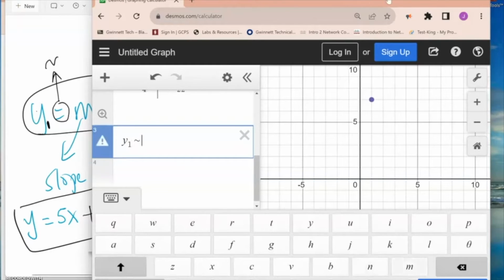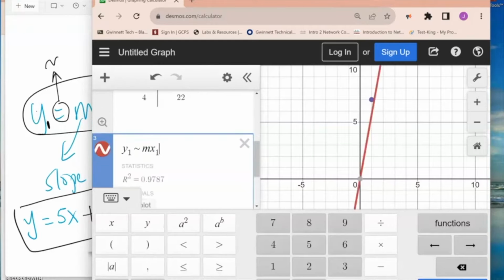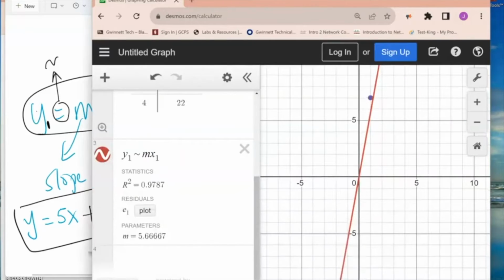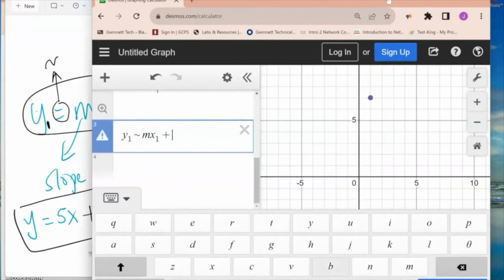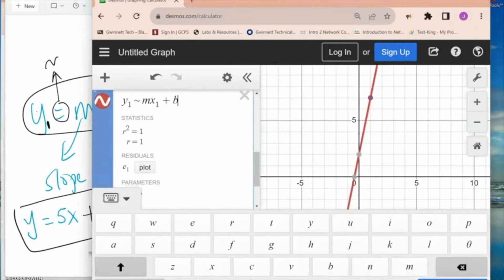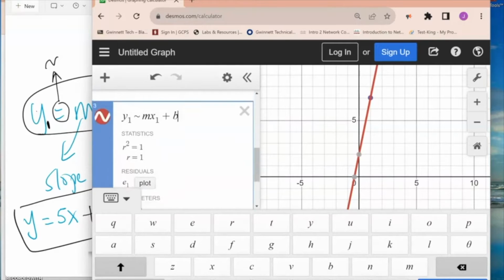Then m, then x sub 1. So put the 1 after it. And then plus b, right? Plus b. All right, when you do that, it's going to give you your m and your b. So if the table is really complicated, you can just put the question in.